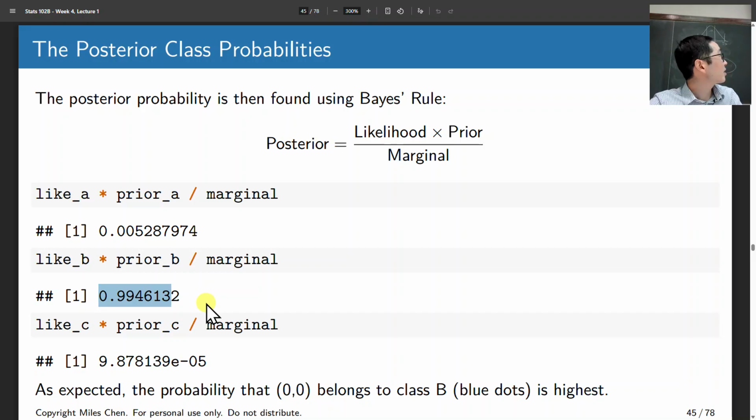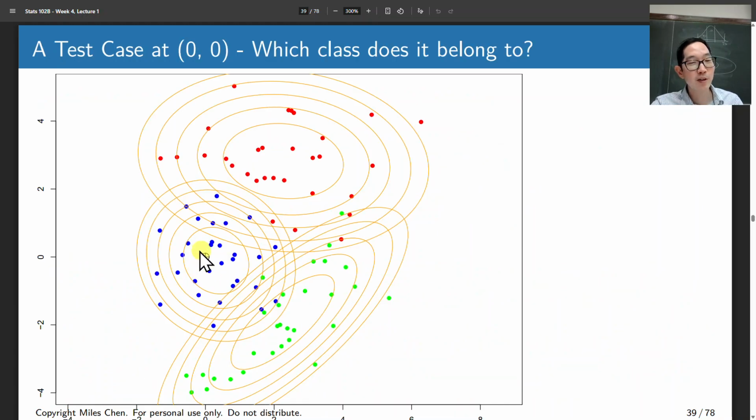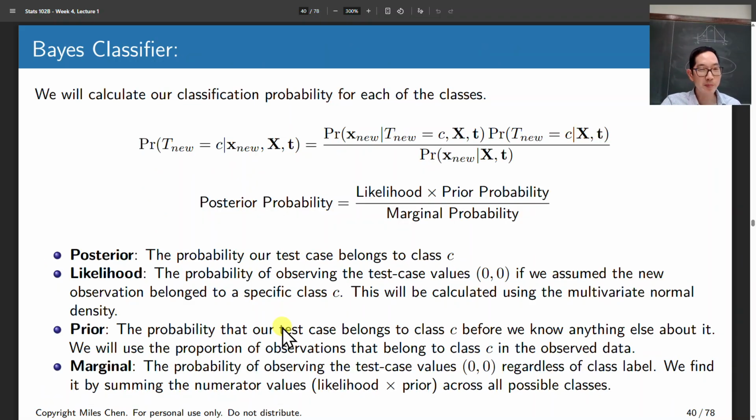As one would expect, the probability that it belongs to class B is the highest at around 99.5%, and there's around a 0.5% chance of it belonging to class A, and a very, very small probability that it came from class C. Looking at the distribution, we give class A a 0.5% probability, and class C almost 0%, because for the green distribution the center is here, but if we expect things to be far away from the center, we expect them to be on this axis, this line of covariance, and this point is pretty far off in terms of covariance.